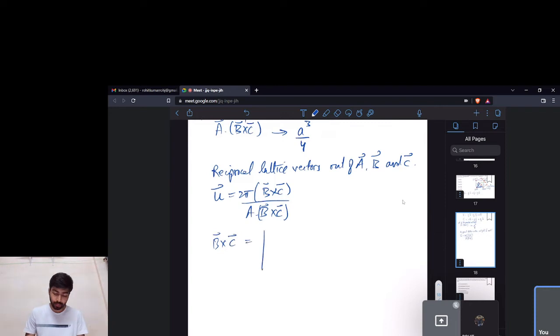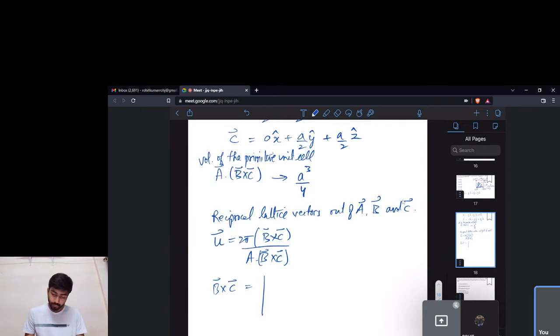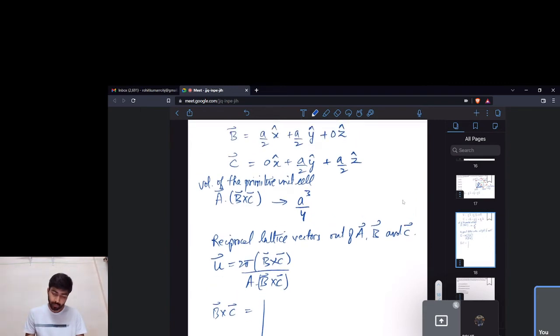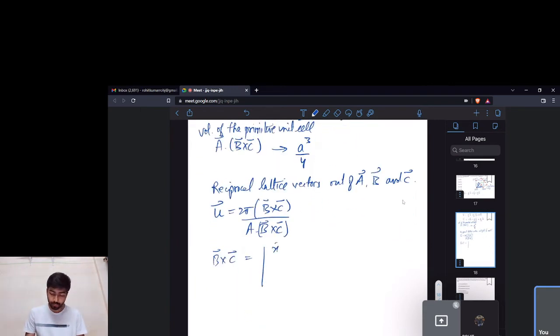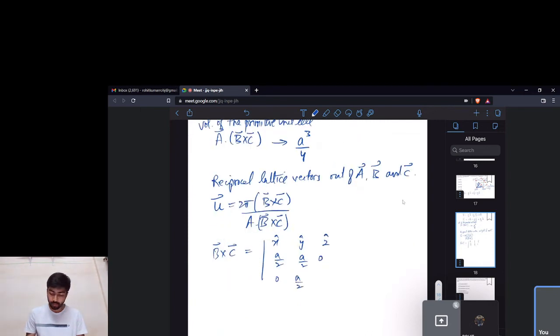It would be the determinant of B and C, which is A by 2, A by 2, 0, and C is 0, A by 2, A by 2.